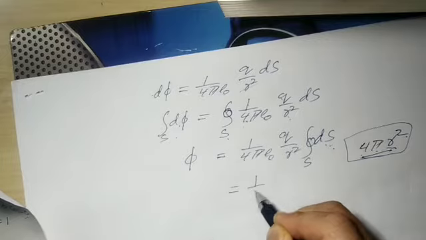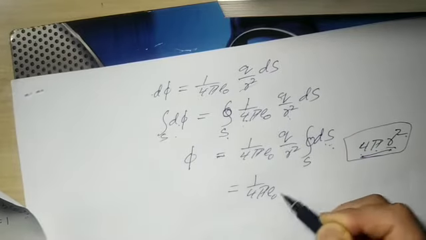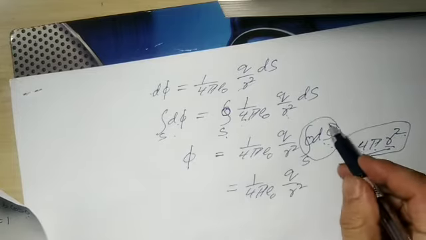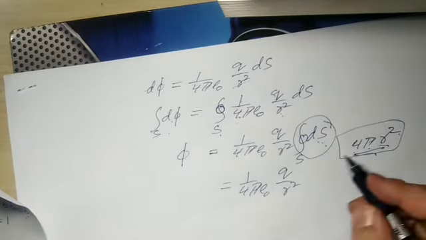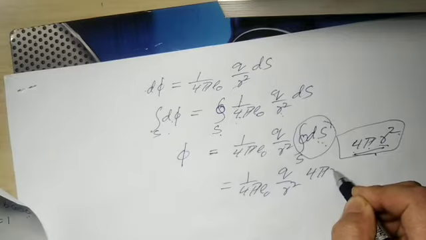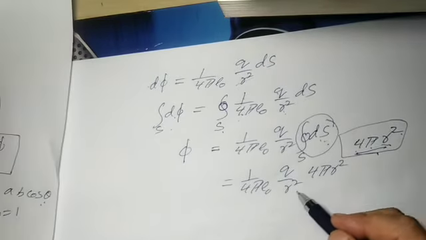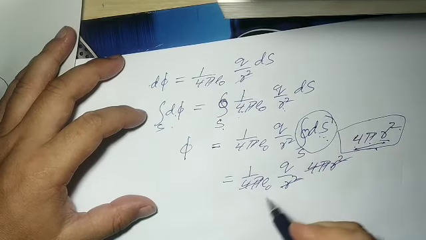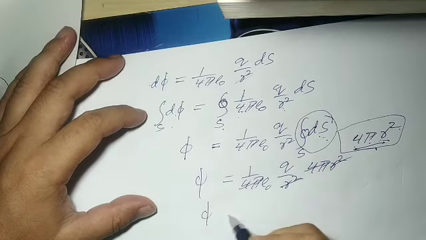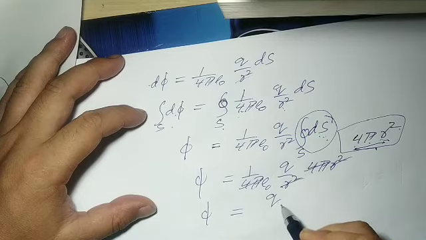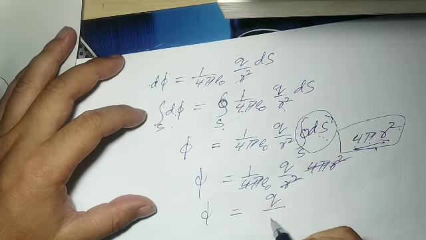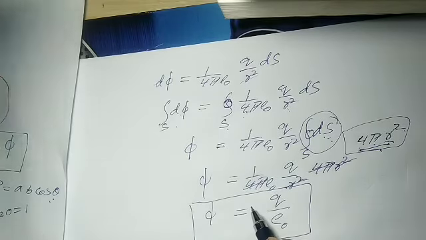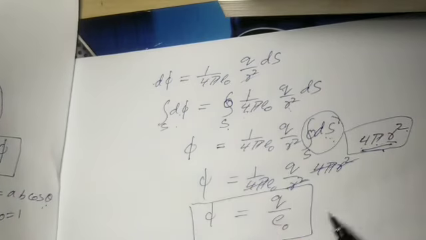So 1 by 4 pi epsilon naught, Q by r square, times 4 pi r square. r square cancels, 4 pi and 4 pi cancel. So phi equal to, we are getting only Q by epsilon naught. This is the statement of Gauss theorem. So hence proved.